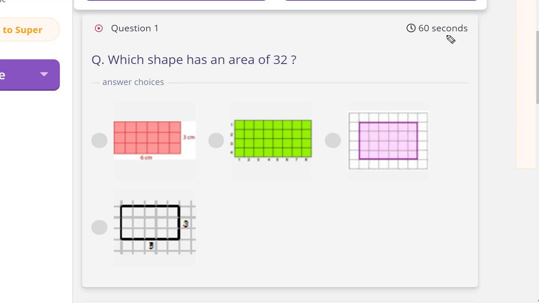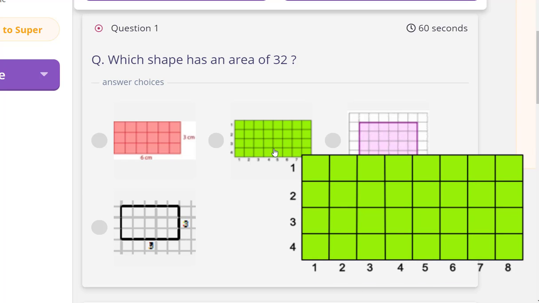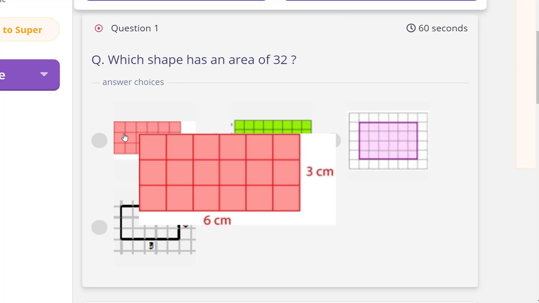Abdulaziz, go ahead. Which shape has an area of 32? The green one, because it's 4 times 8, right? Okay, what about the red one? 6 times 3 equals 18.